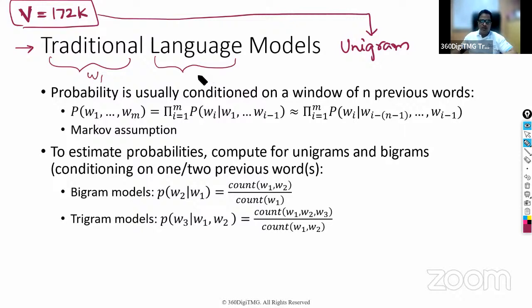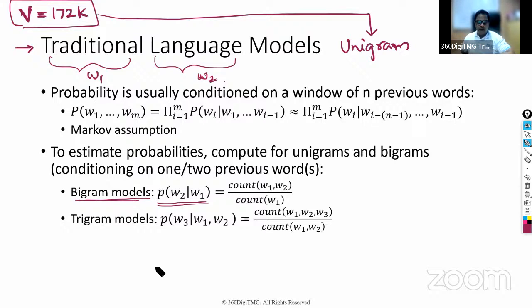This is word one, this is word two. This will give you the count of word one and two divided by the count of word one. This is the bigram model.